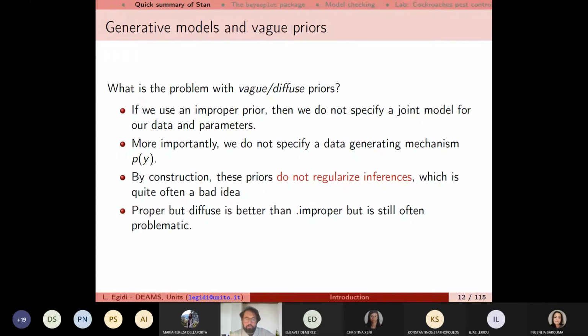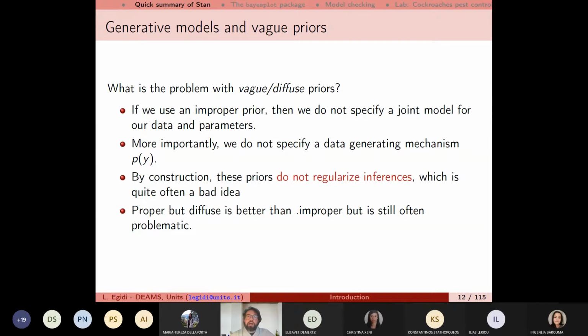But even when you do not have much information, you are not encouraged to use very vague and diffuse priors, which can sometimes lead to improper posteriors. So Stan uses this logic, and it is quite suggested to use what are referred to as weakly informative priors.